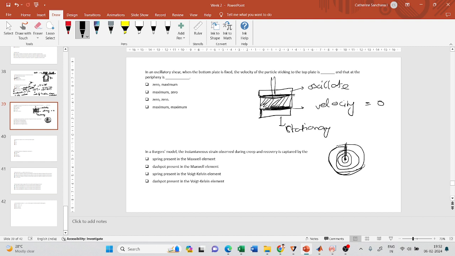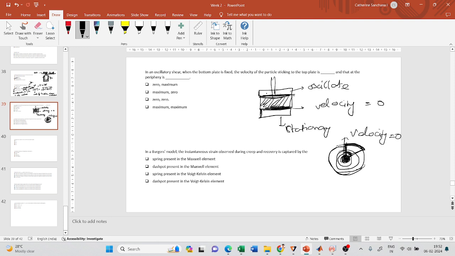Let us say I'm oscillating the plate to this extent, the particle in the periphery will be subjected to this much distance, whereas the particle at this radius will be subjected to only this short distance, which means the particle at the center of the plate will be subjected to a velocity of 0.